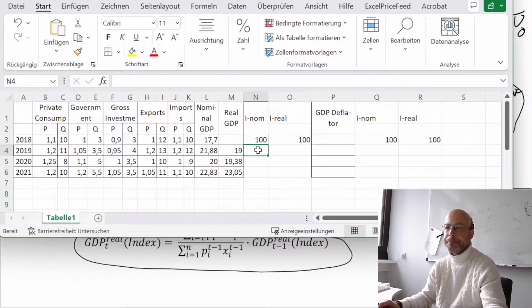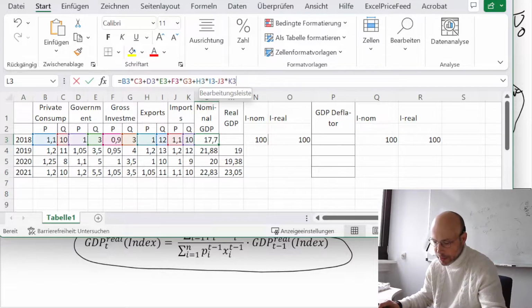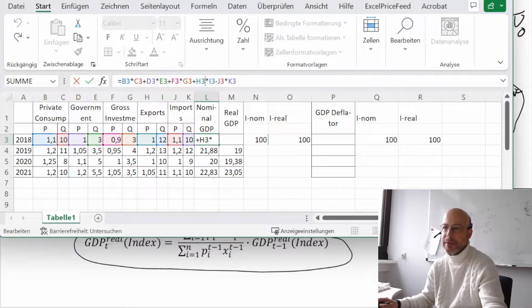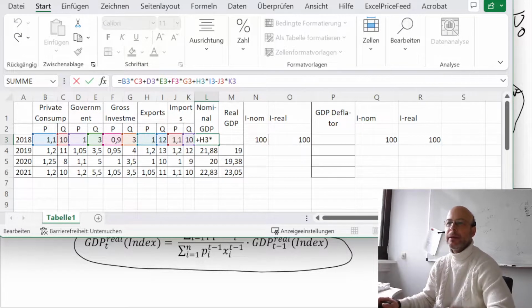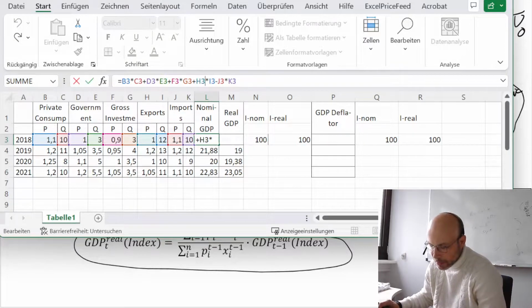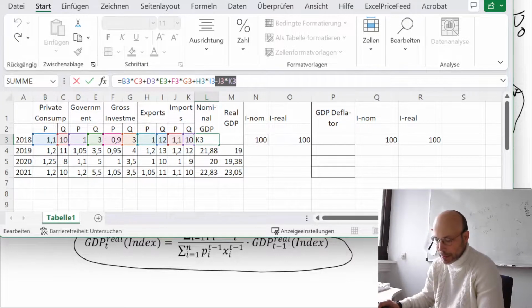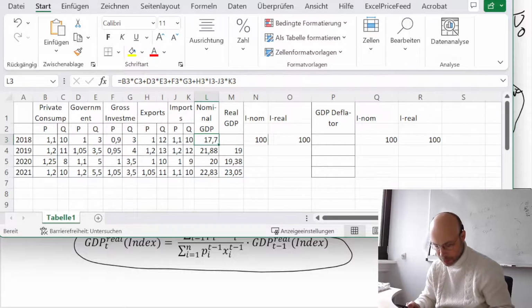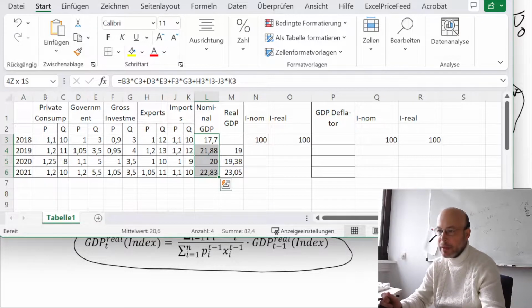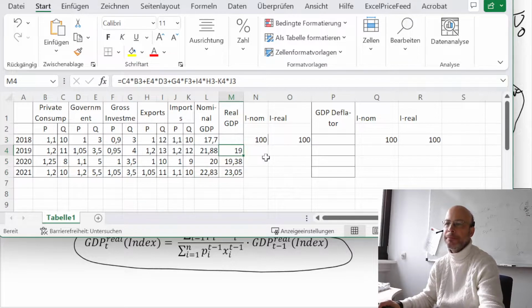Okay, so we had calculated nominal GDP, and this is of course, if we click in here, just prices times quantity, and we sum up, minus price times quantity for the imports. This we copied, and so here we have the values of nominal GDP and real GDP.